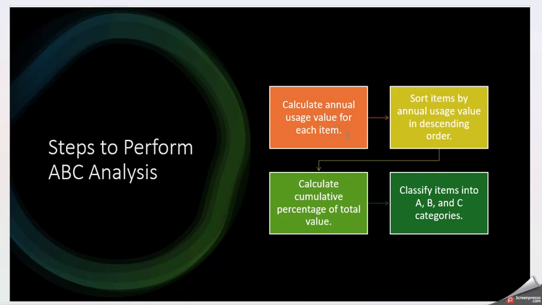In your organization there will be annual consumption data, which you can download, or saved somewhere as the annual quantity of these materials. Take that information, then sort the annual usage value in descending order, from highest value to lowest. Then cumulate the percentage of the total, then classify items into A, B, and C categories.